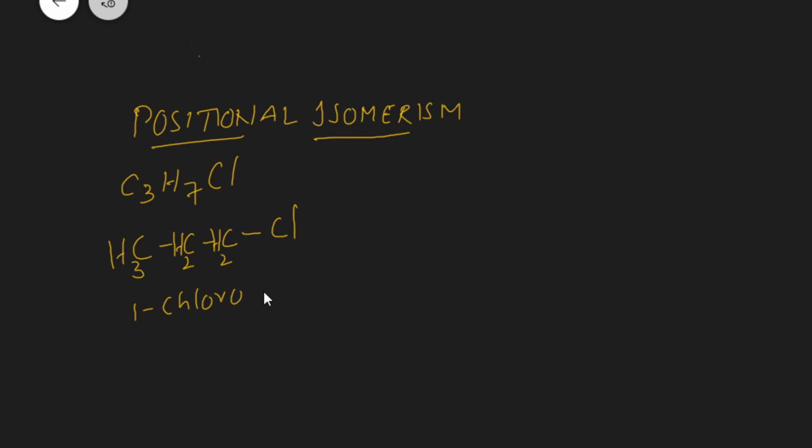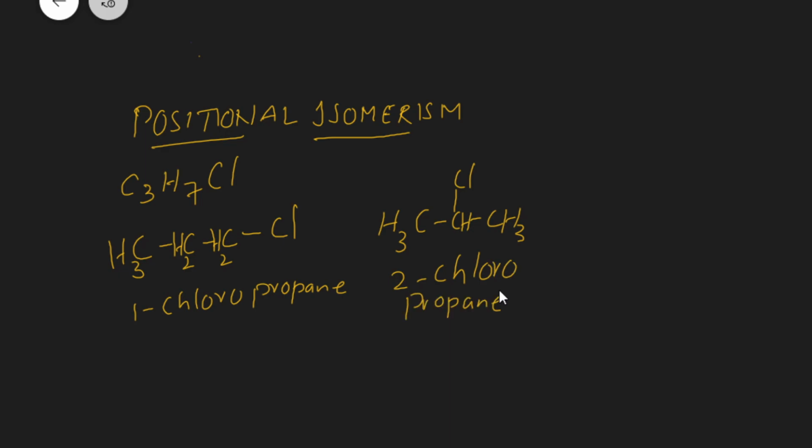Now you can simply change the position of chlorine here, make it at the second carbon. Again fill CH3, CH and CH3. This is 2-chloropropane. These two are what? Positional isomers. So constitutional isomers where there is a change in position of a functional group. This chlorine is the functional group here.